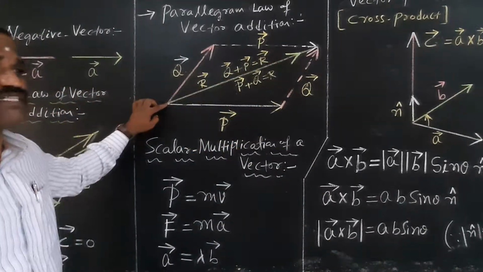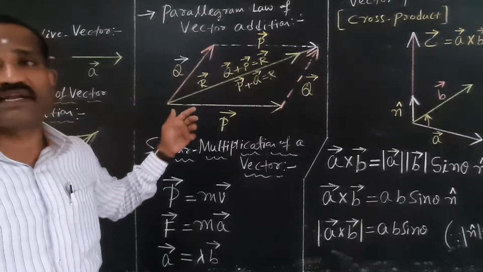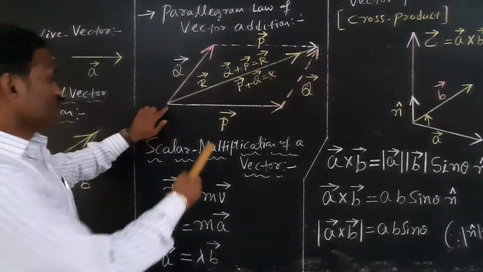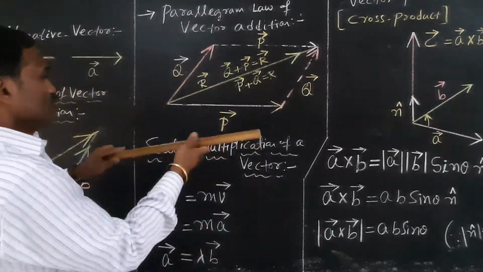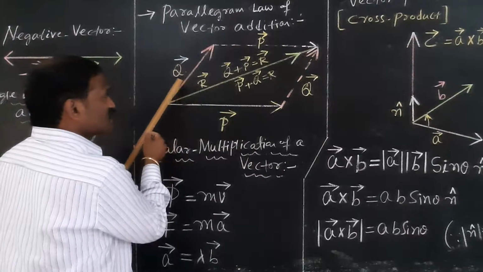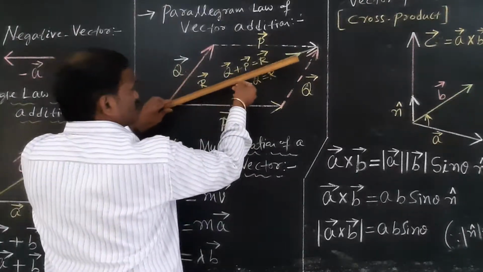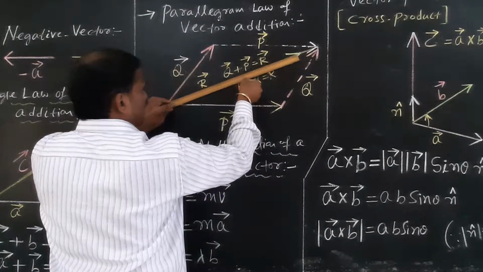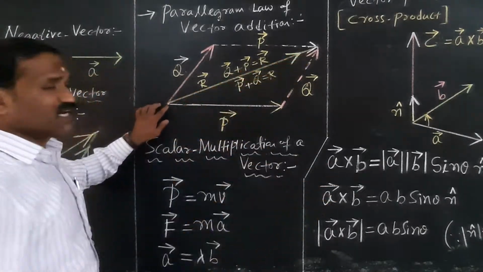What do you mean by concurrency or concurrent? Two or more vectors are coming out of the same point, are acting at a point. The resultant R is the effect of P and Q, which is given by the diagonal taken from the point of concurrency.